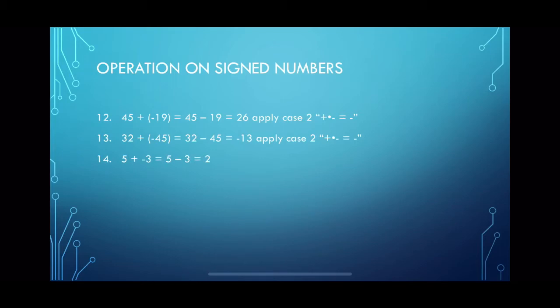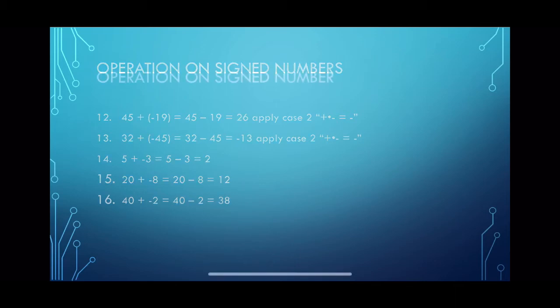For number 14, we have 5 plus negative 3, which is equal to 5 minus 3. Then the answer is positive 2. For number 15, we have 20 plus negative 8, which is also written as 20 minus 8, equal to 12. For number 16, we have 40 plus negative 2, which is also written as 40 minus 2, equal to 38.